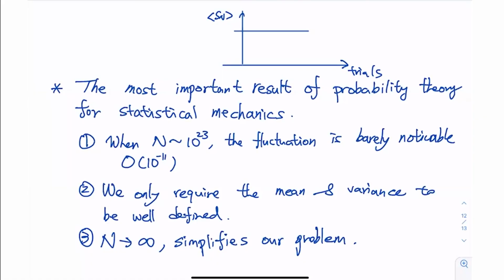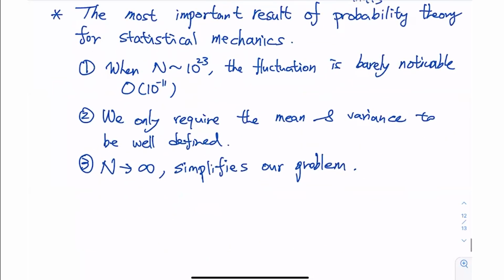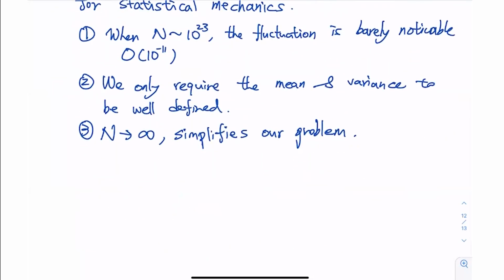Because if it does not have this property, then it is very likely that we are not able to solve the problem with n going to 10 to the power of 23. Okay, so that's the meaning of the last few lectures.